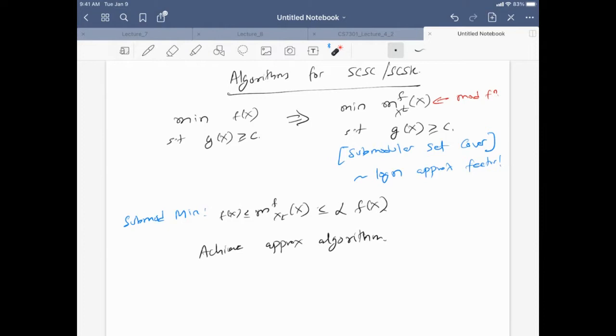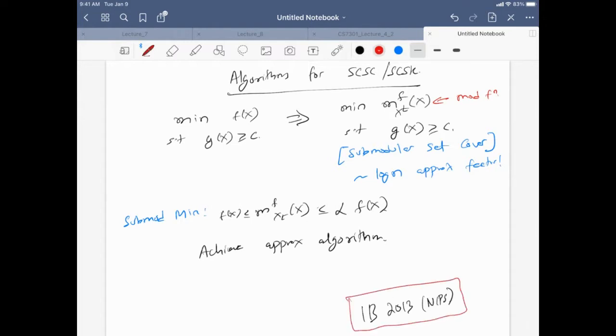And there are different variations for SCSC, SCSK. There's an entire paper on this. We have the Iyer and Bilmes 2013 paper at NIPS, NeurIPS/NIPS. This is basically the paper where we studied this.